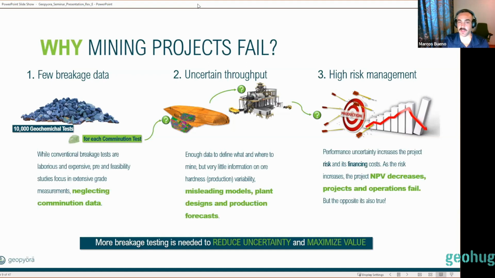Then you have no understanding of that variability, and you have uncertainty on the size of your mill and on the throughput through the life of mine, which brings a lot of risk for the finances of the mine, in the whole finance model, which depends on revenue rates that are directly proportional to the rate at which you can grind rock. So I believe that you should test way more, to understand this variability and maximize project value.